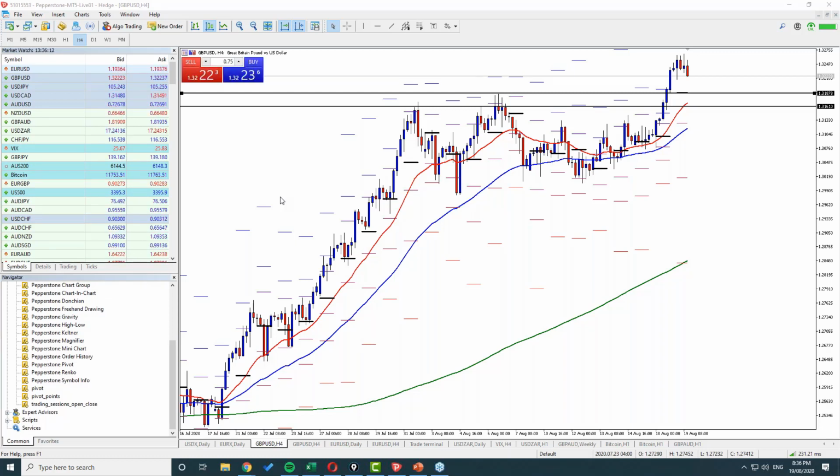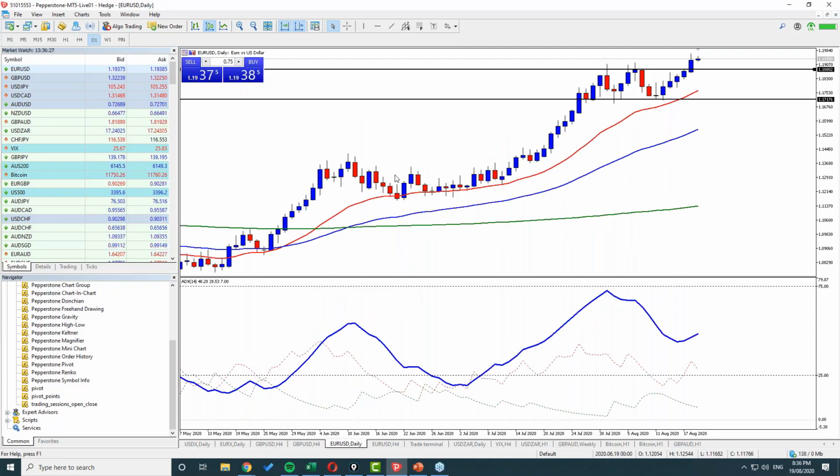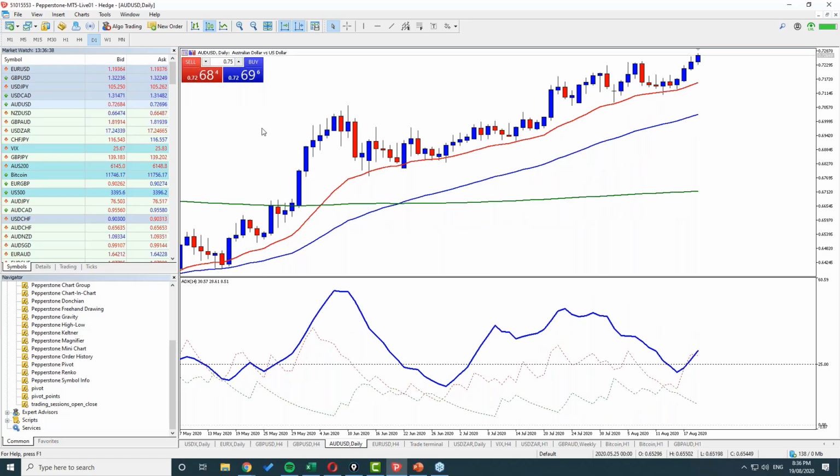Okay, so what I like to do, and what we like to do as a group when doing this sort of correlation, is work out not only what the Aussie USD is doing, but just as importantly what the Euro USD is doing. They're the two major pairs that are going to affect what happens to the Euro-Aussie. Now, are they a direct correlation? Not exactly, but they will give you a good understanding of which one is going to be stronger.